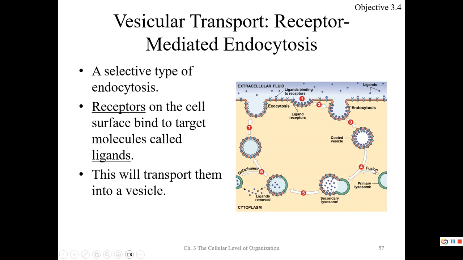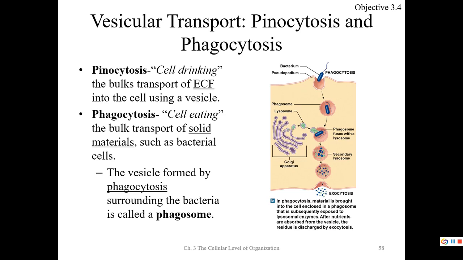Then we can get these molecules off and use them, maybe things we need in a large amount. So that's how we can get large amounts of certain specific targets in. These target molecules are called ligands.